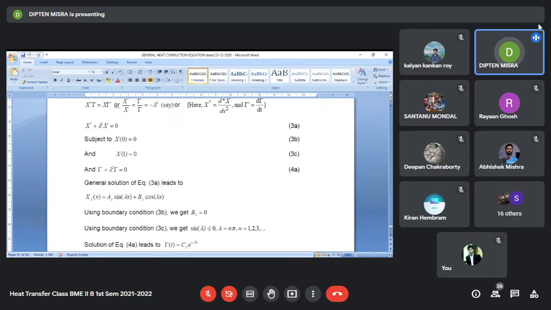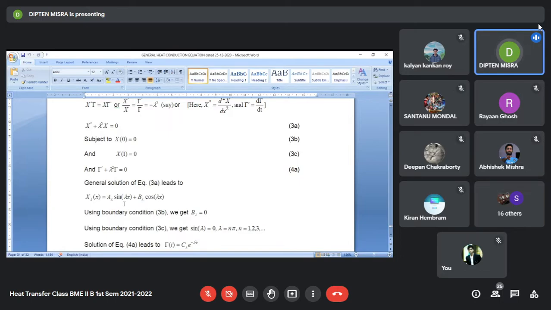Now sine λ can be 0 at discrete values of λ. That it can be 0 at λ equal to nπ, where n is equal to 1, 2, 3, 4, like that. Now one may argue, why not n equal to 0?